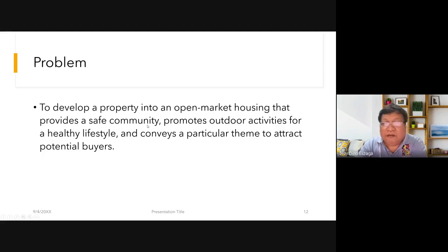So that talks about safety, promotes outdoor activities for a healthy lifestyle. So that talks about health, and conveys a particular theme to attract potential buyers. So that has something to do with aesthetics. Okay. So if you notice, it is part of the problem. It is not totally alien.